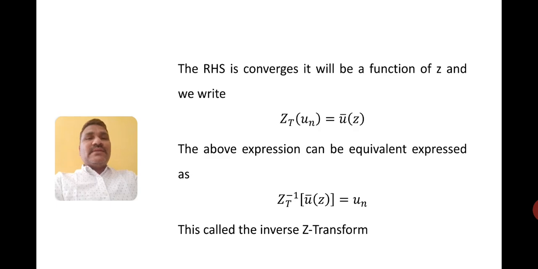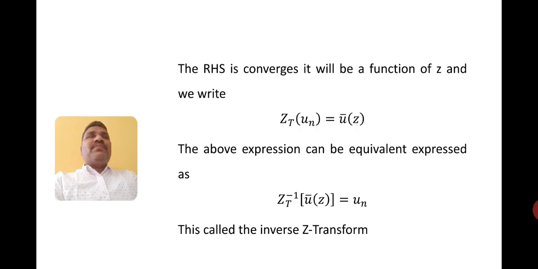U bar of z is nothing but the answer after substituting the n values in the summation. The above expression can equivalently be expressed as the inverse Z transform of U bar of z is equal to u_n. This is called the inverse Z transform. This is the definition of the Z transform.